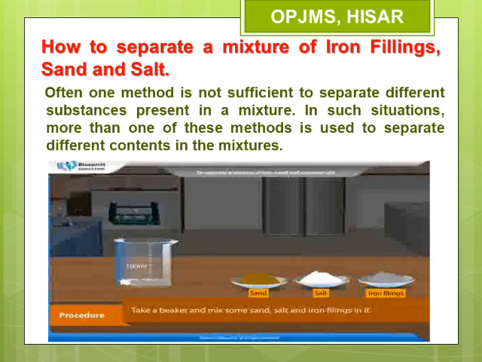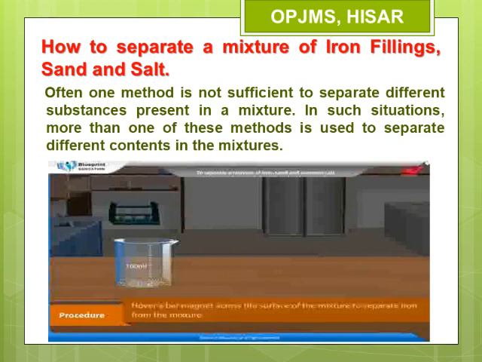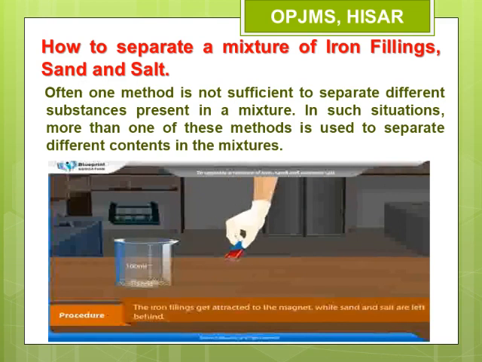Before preparing the mixture, weigh each of the three solids separately and record the weights for further observation. Hover a bar magnet across the surface of the mixture to separate iron from the mixture. The iron filings get attracted to the magnet, while sand and salt are left behind.